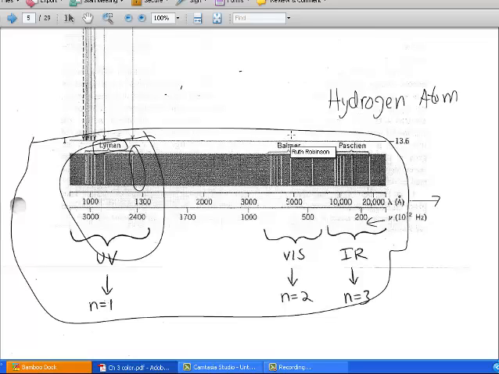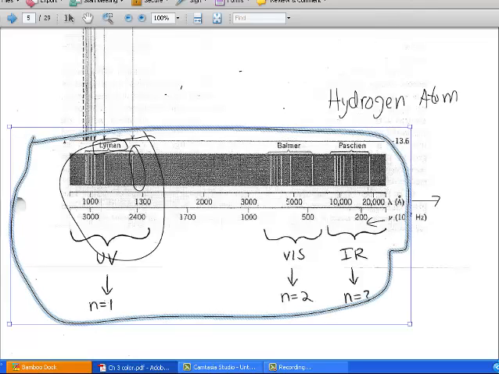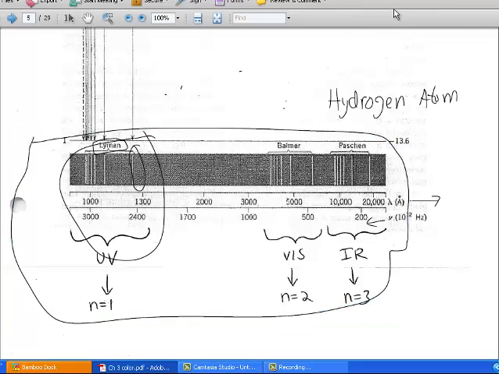And notice that same pattern is very similar to this area, which is the Balmer series. And then you have the third one, which is the Paschen. So we have three different areas where we get light that have a similar pattern. The Lyman series is in the ultraviolet, the Balmer series is in the visible region of the light spectrum, and the Paschen series is in the infrared.